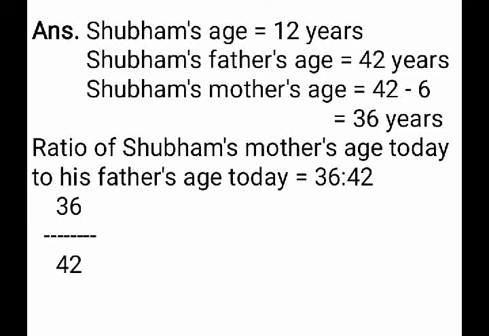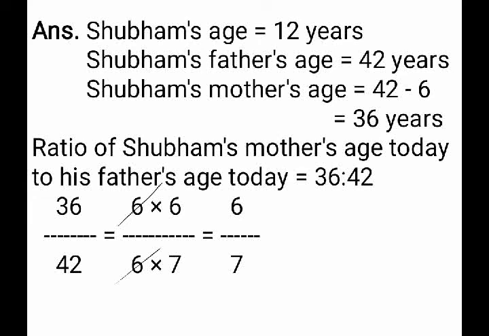Number 36 and number 42 are in the table of 6. That is equal to 6 6s are 36 upon 6 7s are 42. Cancel 6 in numerator and denominator. What will remain? 6 upon 7.